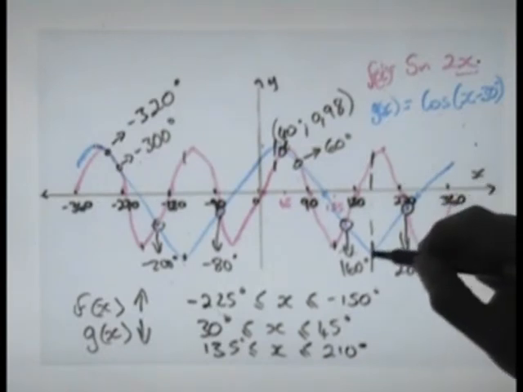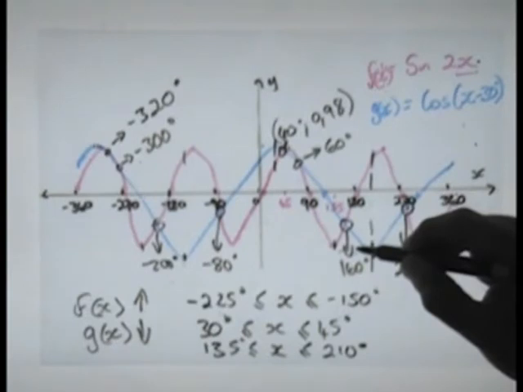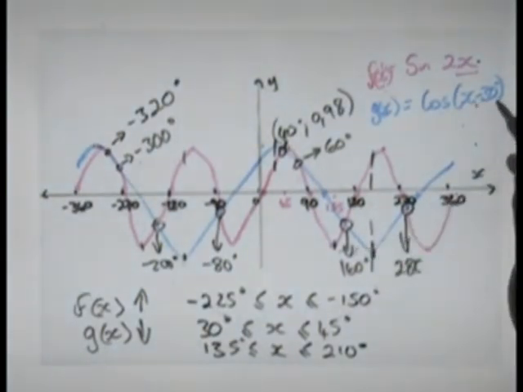Because the lowest point of the g of x graph should be at 180, except it's been moved 30 degrees to the right, so it's 180 plus 30, which is 210 degrees. Are there any other points where f of x is increasing while g of x is decreasing?